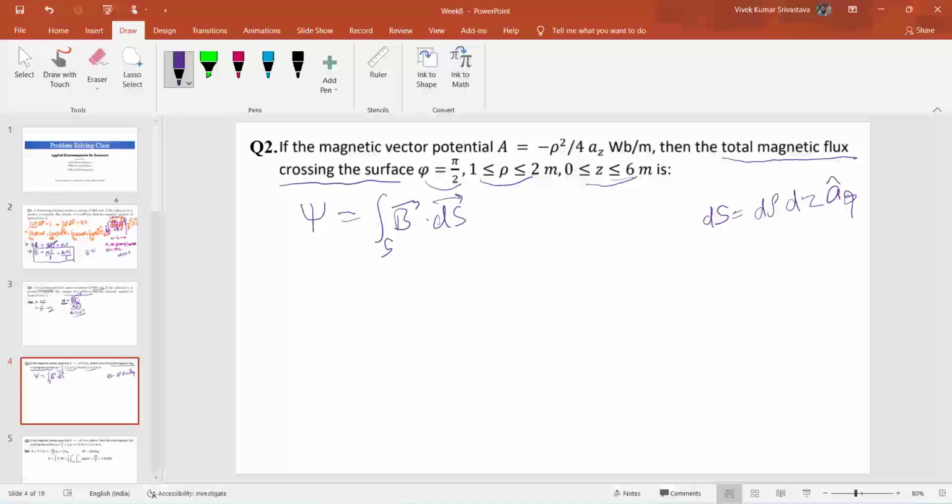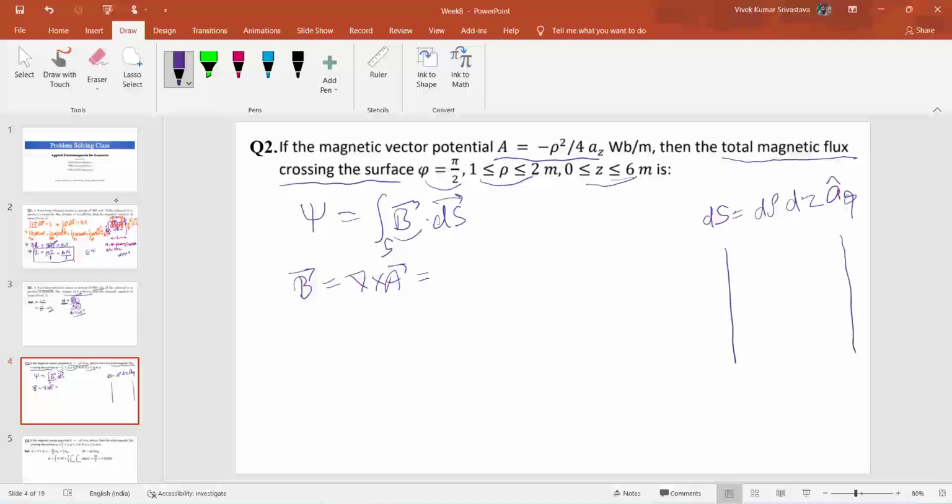Now, as the magnetic vector potential is given in the question, for finding the magnetic flux density we will use the relation B is equal to del cross A. By using this expression we can easily find the value of the magnetic flux density. So let us determine this expression.